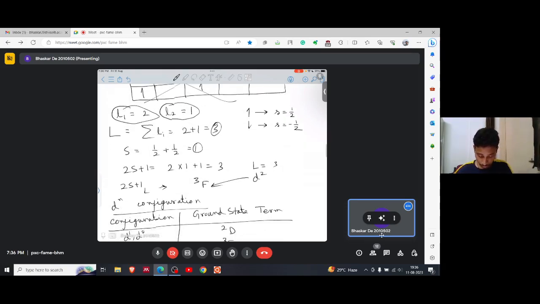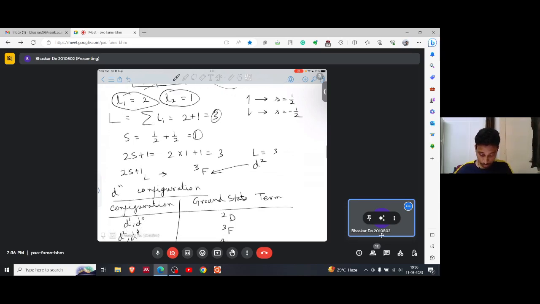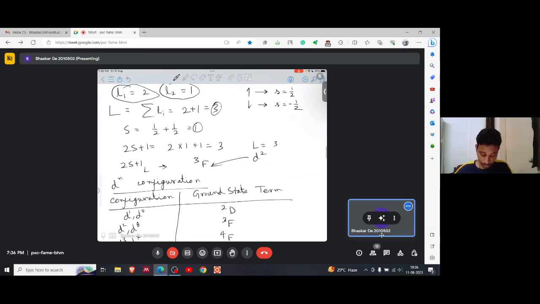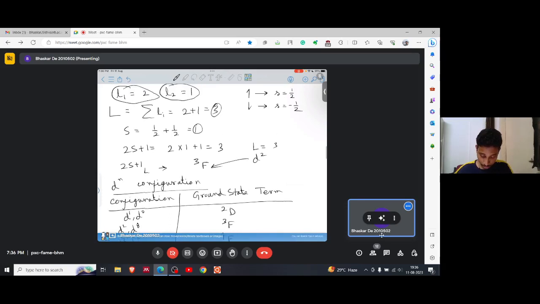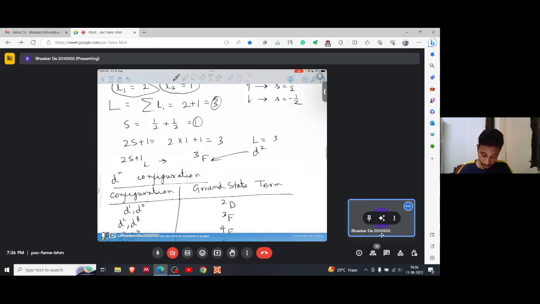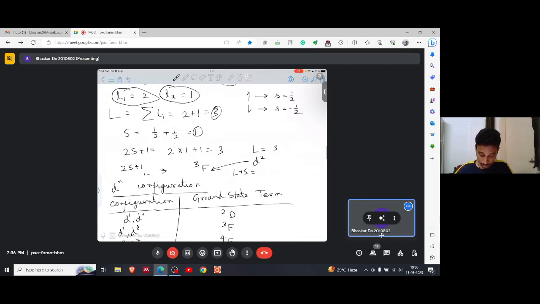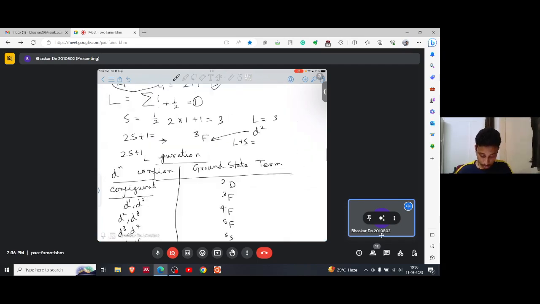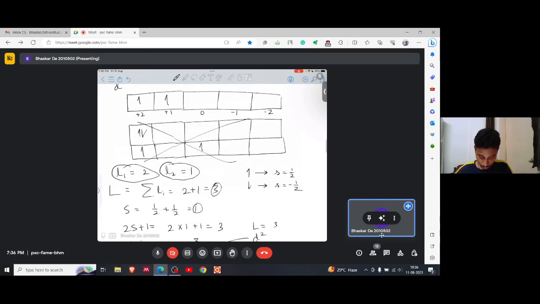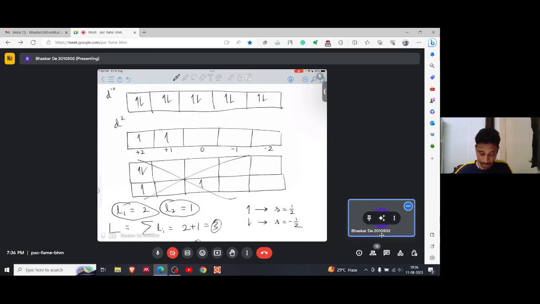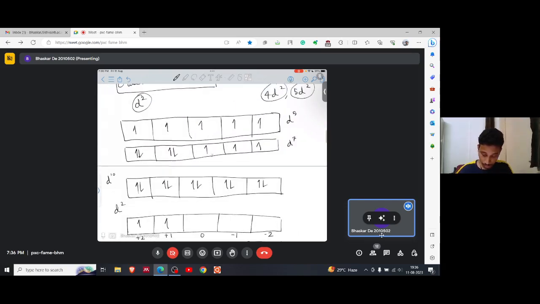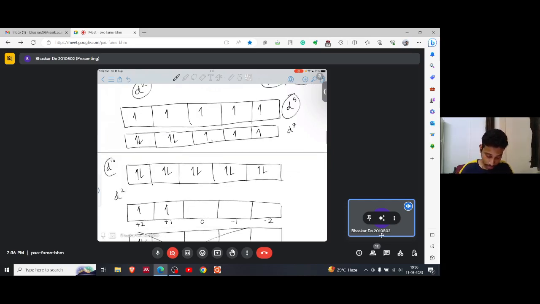Now for the value of J, L plus S can be... so this is less than half filled. The half filled configuration is D5, and the full filled configuration is D10.